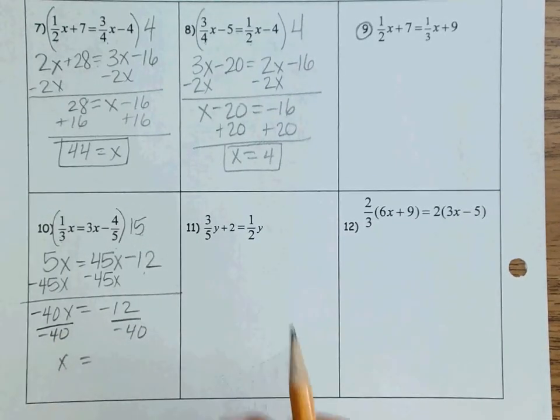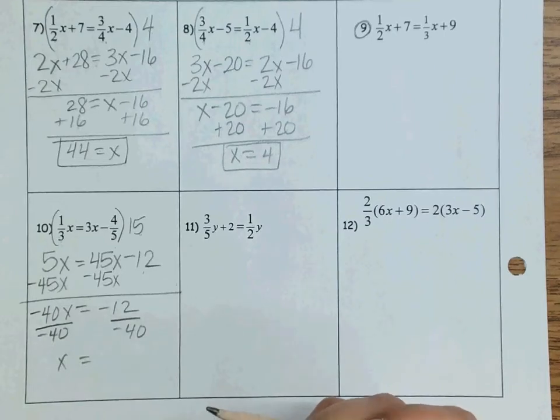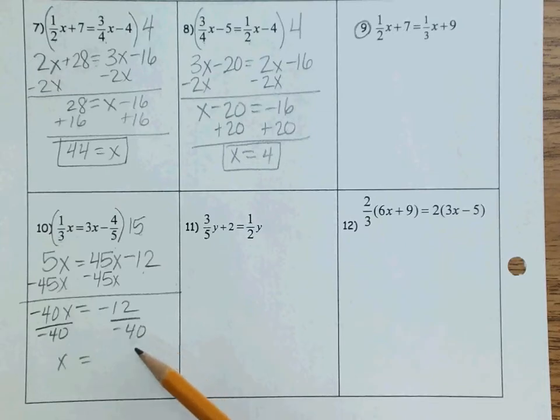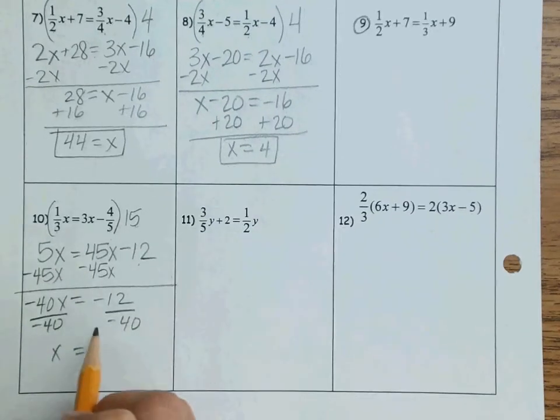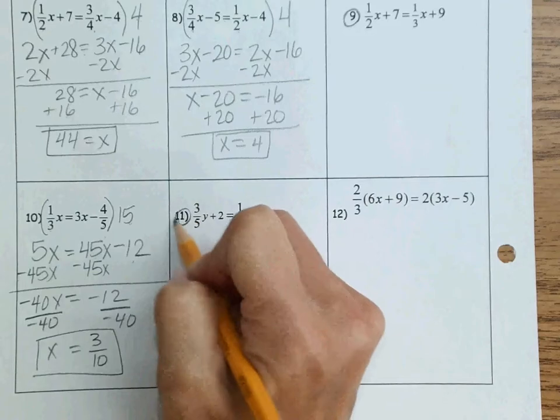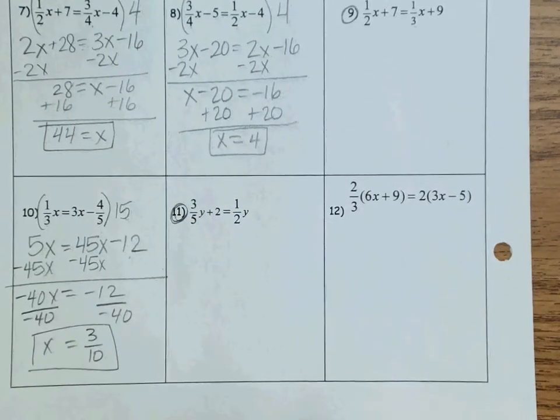It doesn't go in evenly. I'm not going to get a nice integer answer, but I want to make sure that we leave our answers as fractions. So I can divide out a 4 from both terms to simplify. x is equal to 3/10. We'll do 11 next time I see you in class.